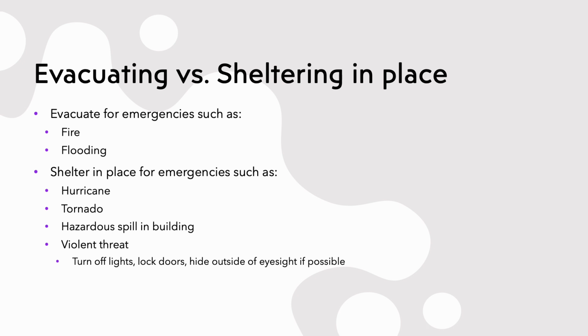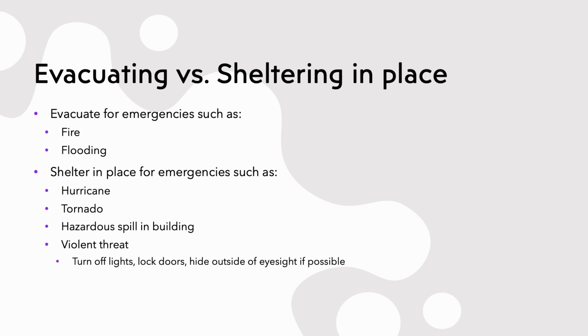So for evacuating versus sheltering in place, you're going to want to evacuate for emergencies like a fire or flooding typically, and you're going to want to shelter in place for emergencies such as a hurricane, tornado, a hazardous spill, or a violent threat. In a violent threat situation, you're going to want to turn off all the lights, lock all the doors, and hide out of eyesight if possible, covering all windows and any way that an intruder could see in.